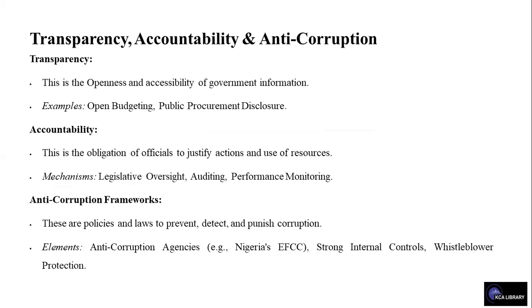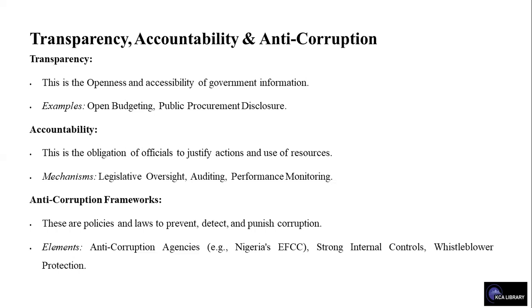The last issue to be discussed is transparency, accountability, and anti-corruption. Transparency is the openness and accessibility of government information. An example of this is open budgeting and public procurement disclosure. Accountability is the obligation of officials to justify actions and use of resources.